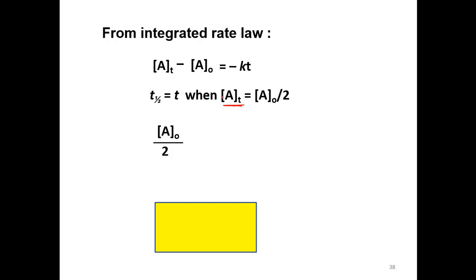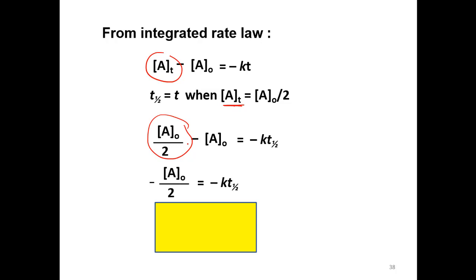So kita tukarkan AT ni kepada A0 over 2 dalam kita punya equation lah. So when you solve this, nanti you akan dapat half life equation you sebagai A0 over 2K. Initial concentration over 2K.